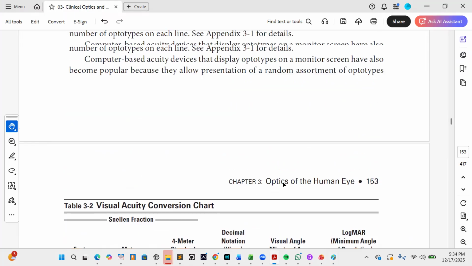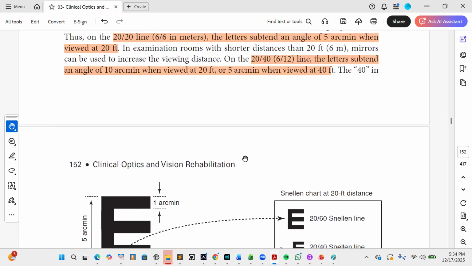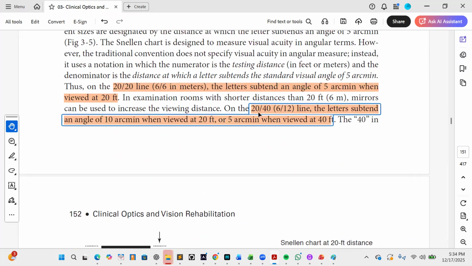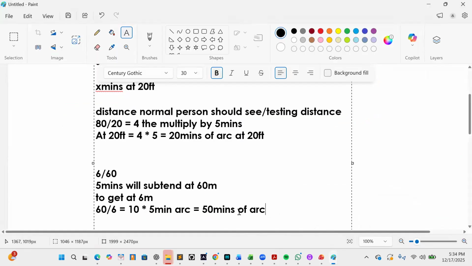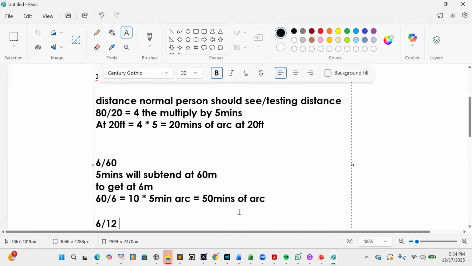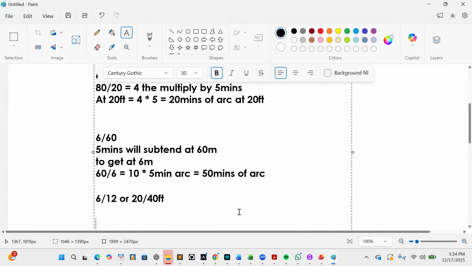So we can try one here. This is 20 over 40. That's 6 over 12 when converted to meters. So we expect 5 minutes at 12 meters, or 40 feet.